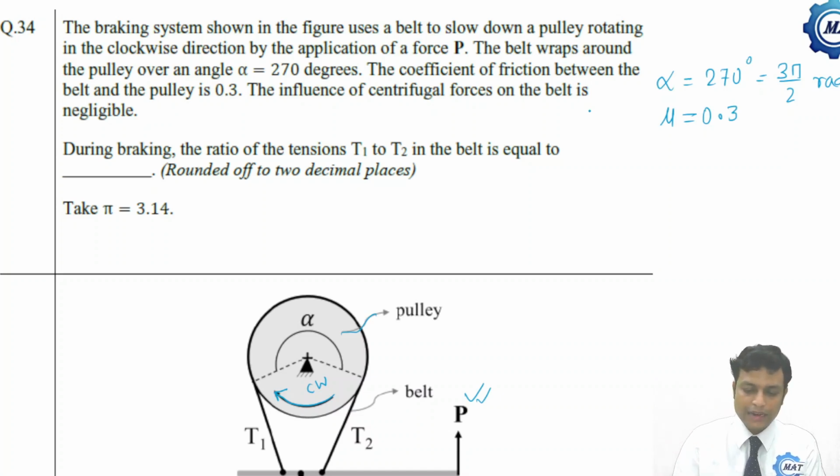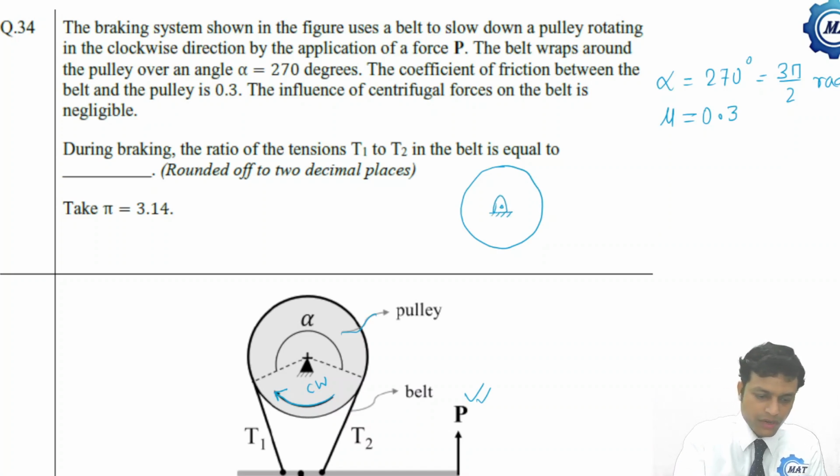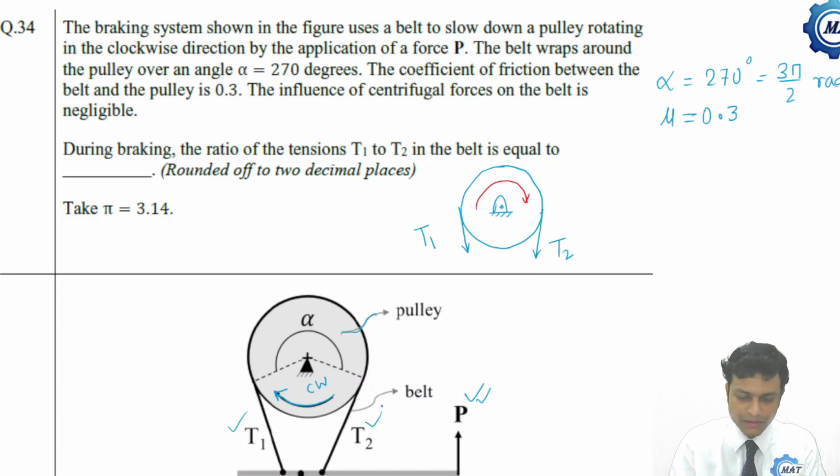So if I draw the free body diagram of the pulley only, which is rotating in clockwise direction, this tension is T2 and this tension is T1, which is mentioned here. Now it is rotating along T2, so T1 will be greater than T2 and the ratio T1 by T2 will be e to the power mu alpha.